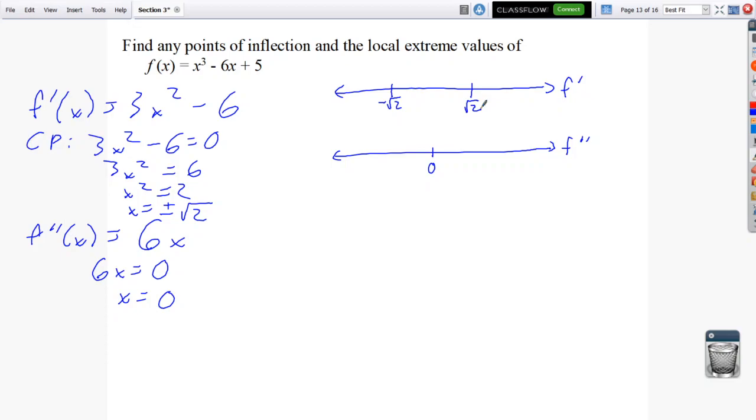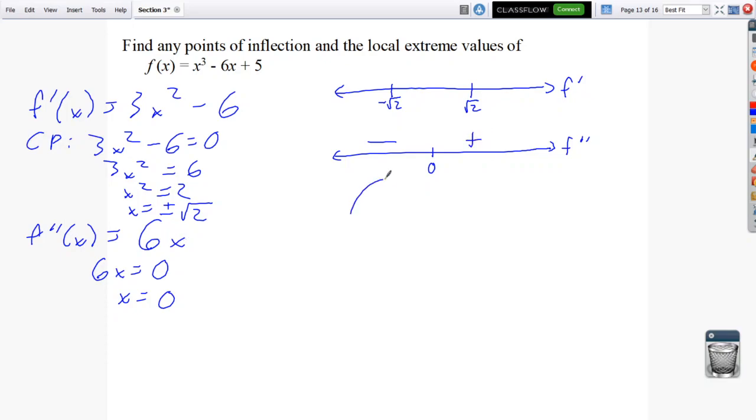In order to find out if I have a maximum or a minimum at negative root 2 and positive root 2, I could do my first derivative test if I wanted to, but since I had to find my second derivative, isn't it easier just to look to the left of 0 on f double prime? Well, I'm plugging in negatives, so 6 times a negative is going to be a negative. And over here, I plug in numbers bigger than 0, so 6 times a positive gives me positive.